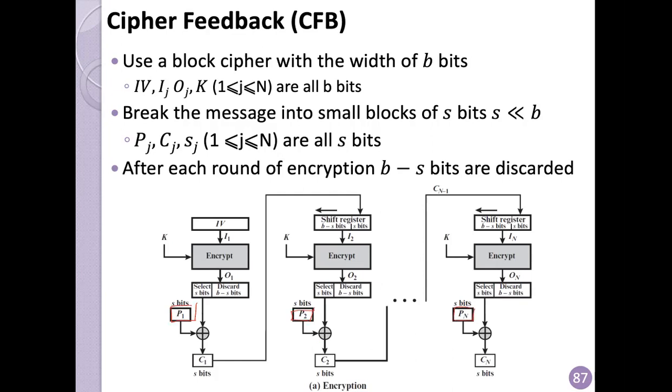But here, each block of plain text has the size of S bits. S can be, for example in DES, set to 64, but it might be any other size. S might also be 10, or 15.